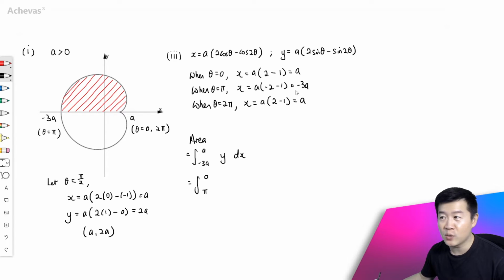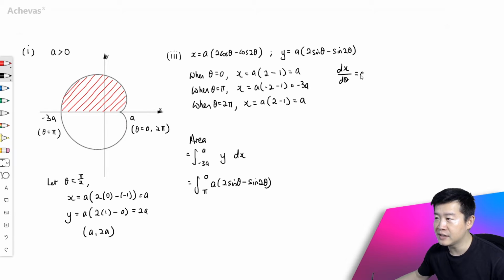And as for y, I'm going to replace it by theta. So y will be a of 2 sine theta minus sine of 2 theta. dx we will replace, because from here we can find another version for dx d theta, and this is a of negative 2 sine theta, negative negative becomes positive, so positive 2 sine 2 theta.